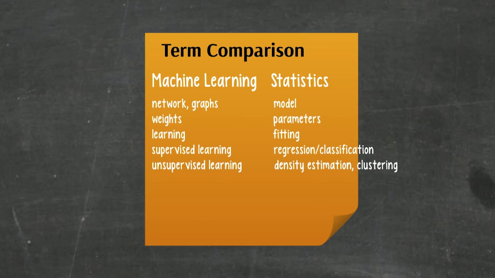All right, and so here's a quick term comparison so that we can kind of understand where the overlaps are, because you'll hear both sides of these terms being thrown around, and it can kind of get confusing if we don't differentiate them early. So in machine learning, we have networks and graphs, or algorithms. You might hear a machine learning network or a machine learning algorithm. And this, in statistics, is simply a model.